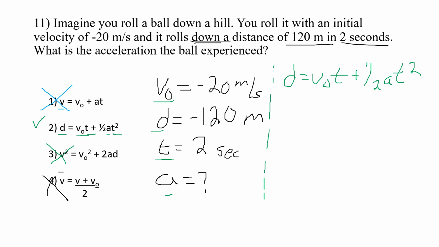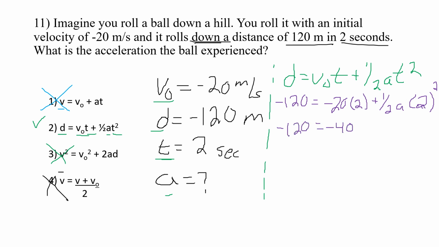This one's going to be done more for the math. I think people will mess up the math in this equation a bit more. But all I'm doing is plugging the numbers in, and I just have to do order of operations. Negative 120 equals negative 40 plus 1/2 a times 4. Half of 4 is 2a.